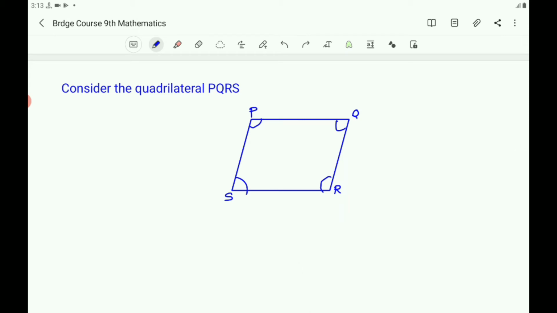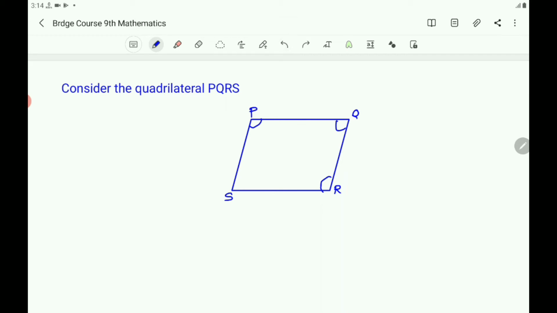Now about the consecutive sides or adjacent sides that you have learned in 8th standard. Here the 2 sides with a common vertex are called consecutive sides or adjacent sides. Here 4 pairs of consecutive sides are there. PS, SR 1 pair, and PS, PQ second pair, and PQ, QR third pair, QR, RS fourth pair.